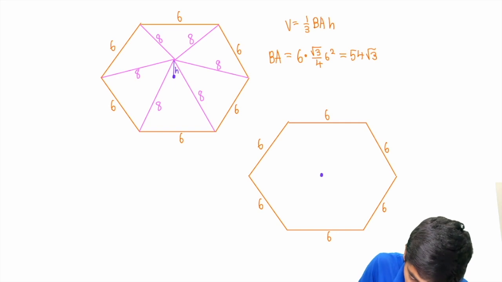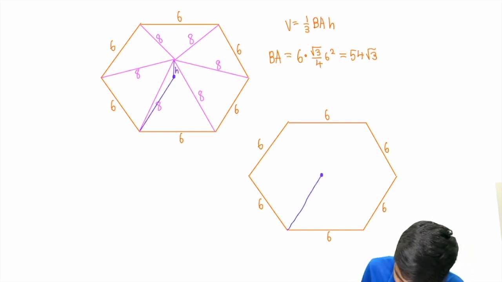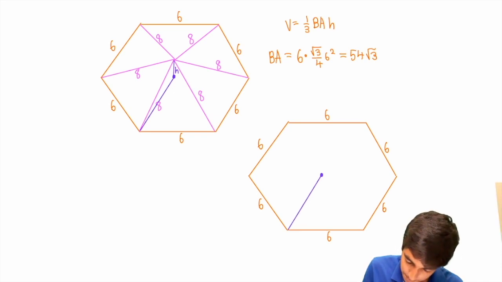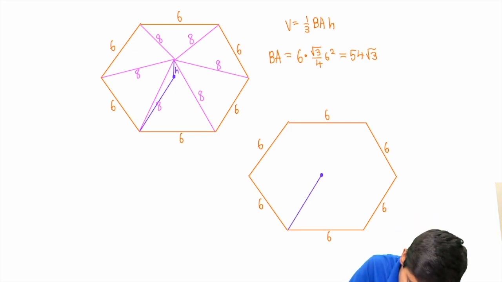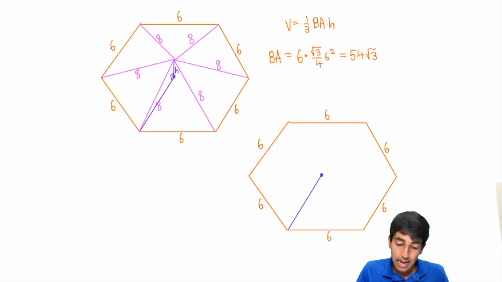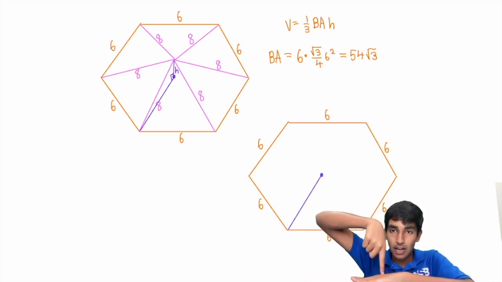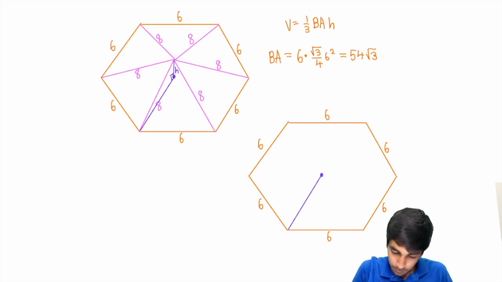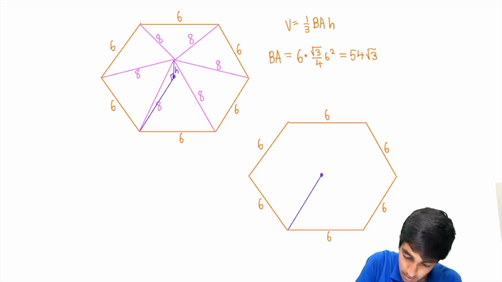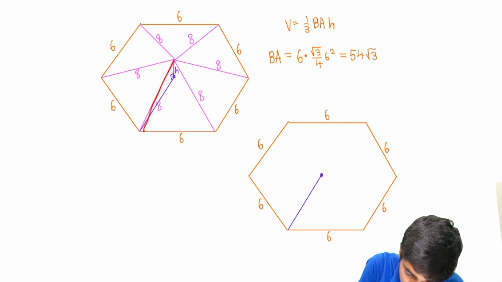Notice that in our original pyramid, if we draw this line here, that's going to be this part of the base of the pyramid. These two things form a right angle. It may not seem like that in the diagram because it's a 2D visualization of a 3D object. But if you can imagine a flat plane and you have a height sticking up, it's going to form a 90-degree angle. So that's 90 degrees. And we know the length of this pink segment is 8.